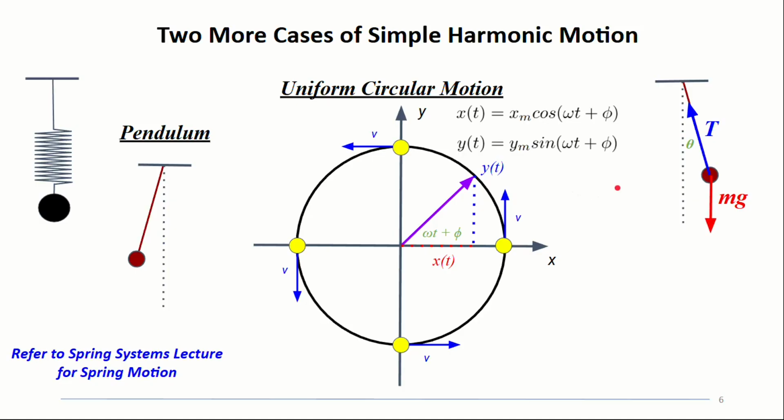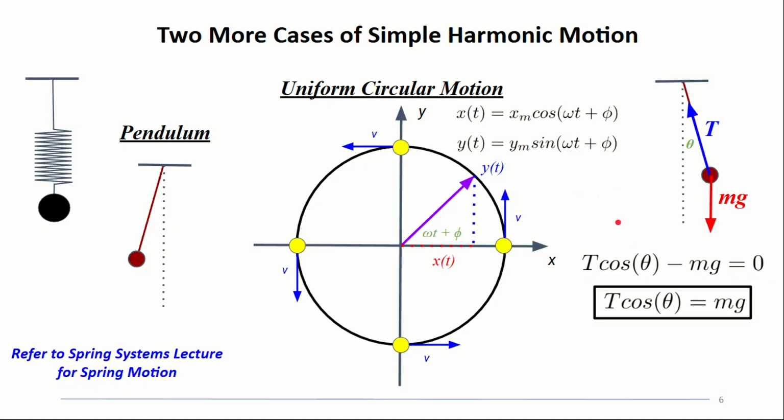If we do that, we will see that T cosine theta, the vertical component of our tension, minus mg, our weight, is equal to 0. We're essentially assuming that the y-directional acceleration is negligible for this problem. If you solve this, you'll find that T cosine theta is equal to mg. So that's what we get from our y equation.